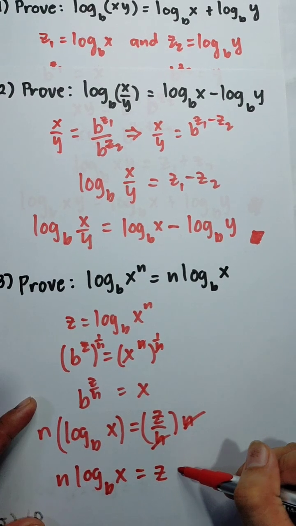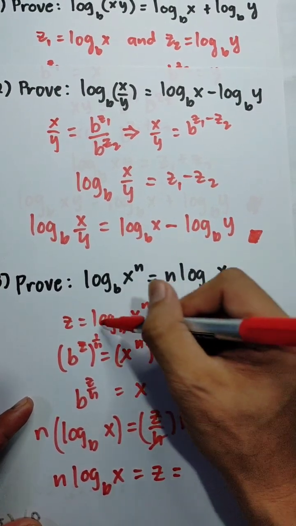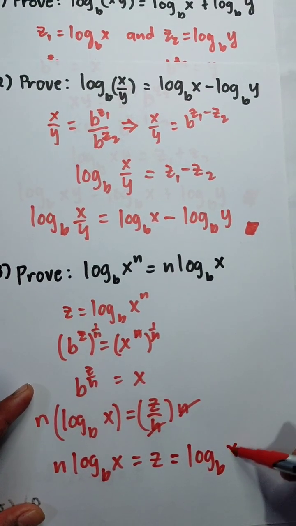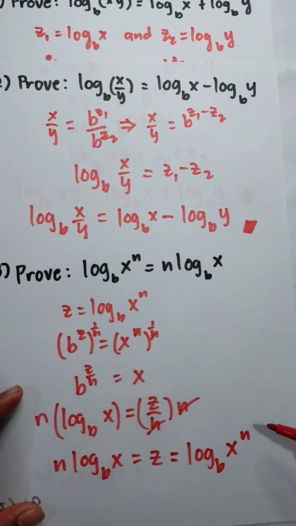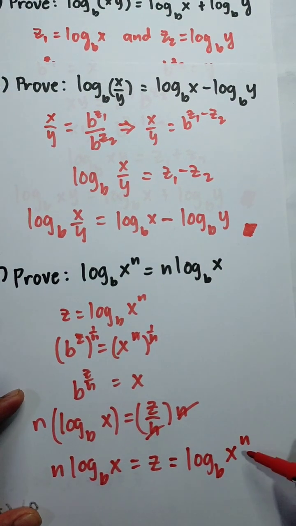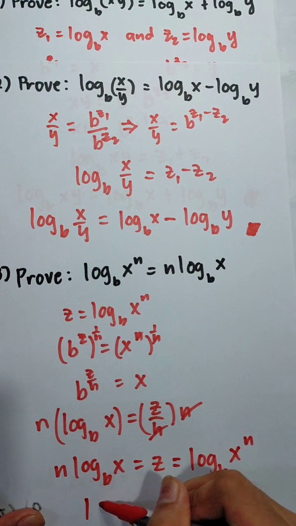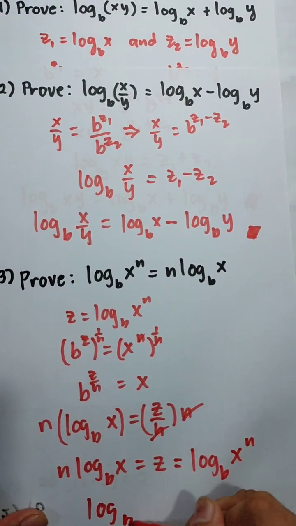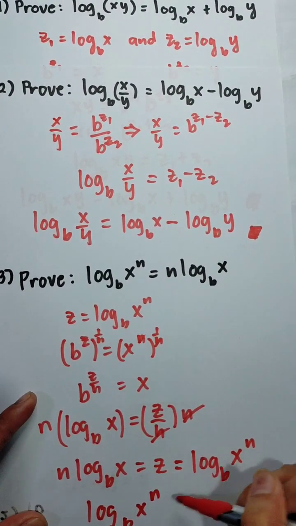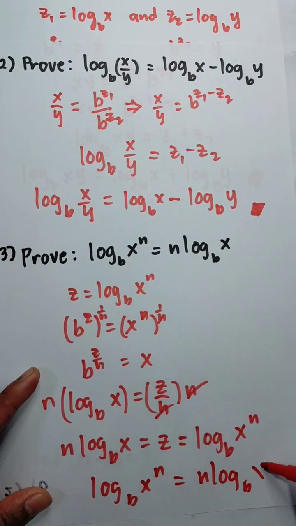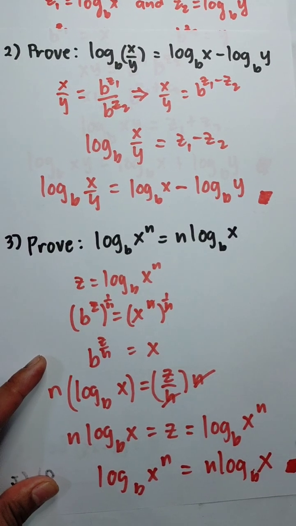Now our z is equal to log base b of x to the n. So therefore, log base b of x to the n is equal to n log base b of x, and that proves our claim above.